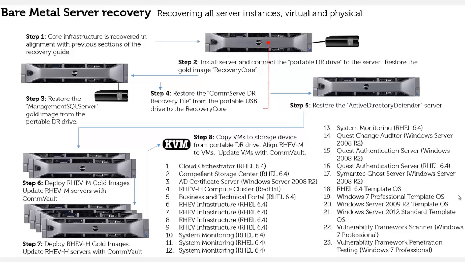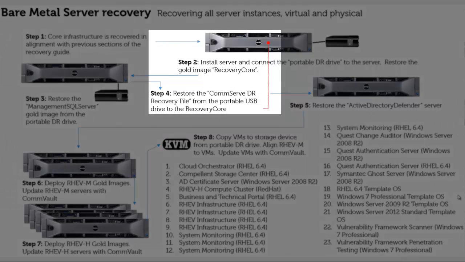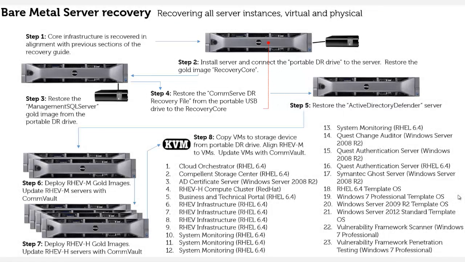In step number four, we restore the CommServe DR recovery file from this DR USB drive, and we place that on the recovery core server that we have restored in step number two. It's important to note here that the CommServe DR recovery file is backed up weekly and holds all of the configuration information related to CommVault.